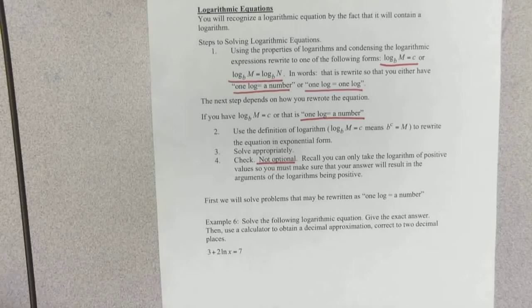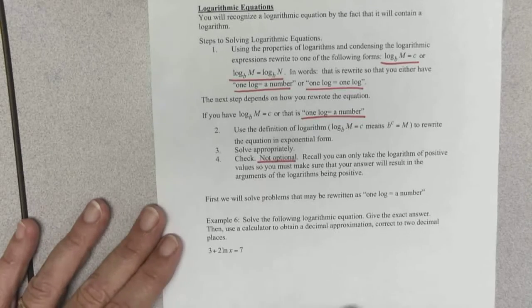Just like when you square both sides, sometimes you can do your work perfectly correctly but get an extraneous root. The same sort of thing can happen here. Because you can only take logarithms of positive values, you've got to check your final answer and make sure that everything is still going to result in logarithms of positive values.